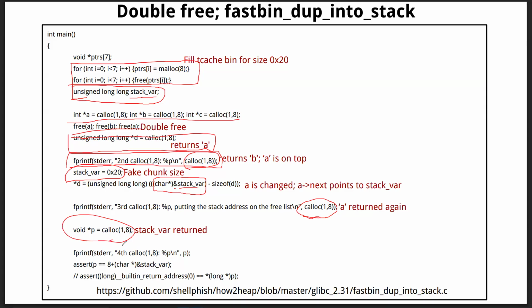Not really a memory region in the heap anymore. Okay. So the fourth one, this calloc here will actually return the stack address. Okay. So this is possible because of this double free block here.